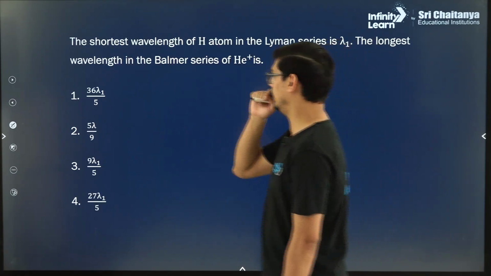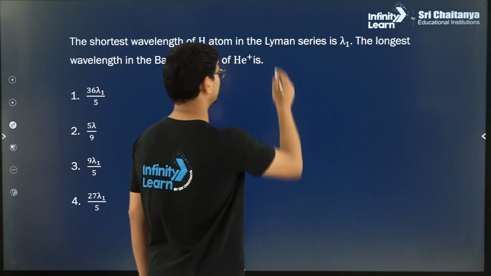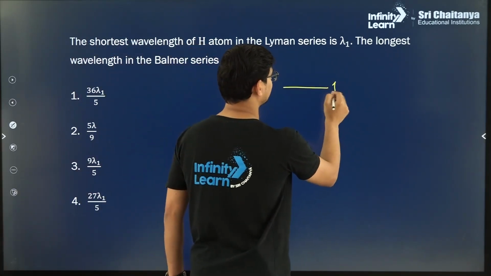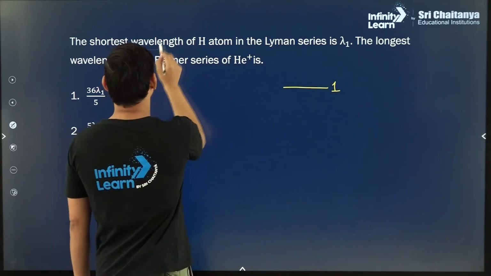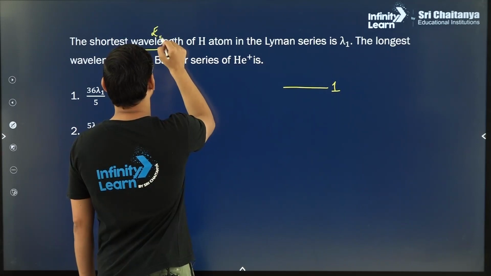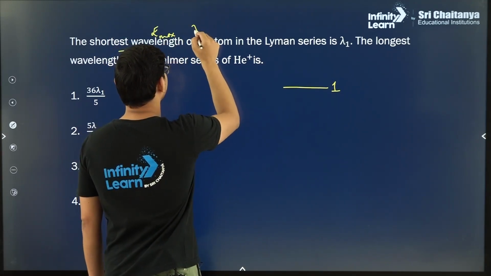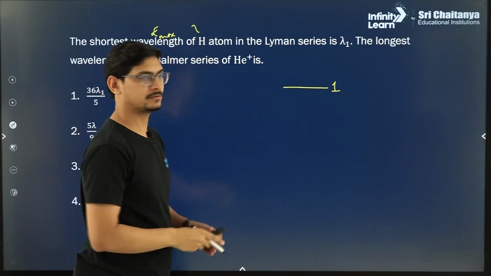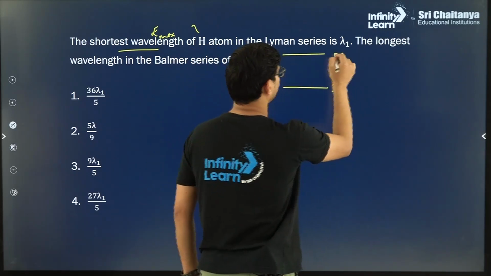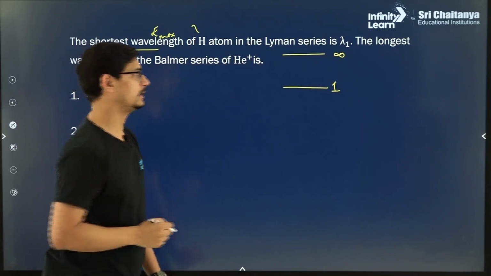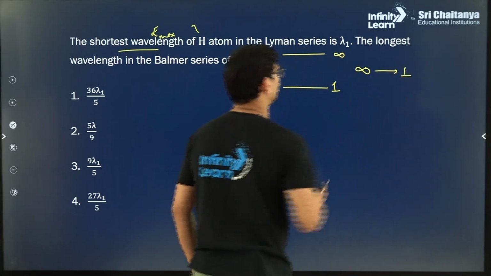Next question, the shortest wavelength of hydrogen atom in Lyman series. In Lyman series, the electron drops to the first state. The shortest wavelength is minimum, meaning energy is maximum. For maximum energy, the value of n from where the electron starts should be infinity. So the emission transition is infinity to 1.